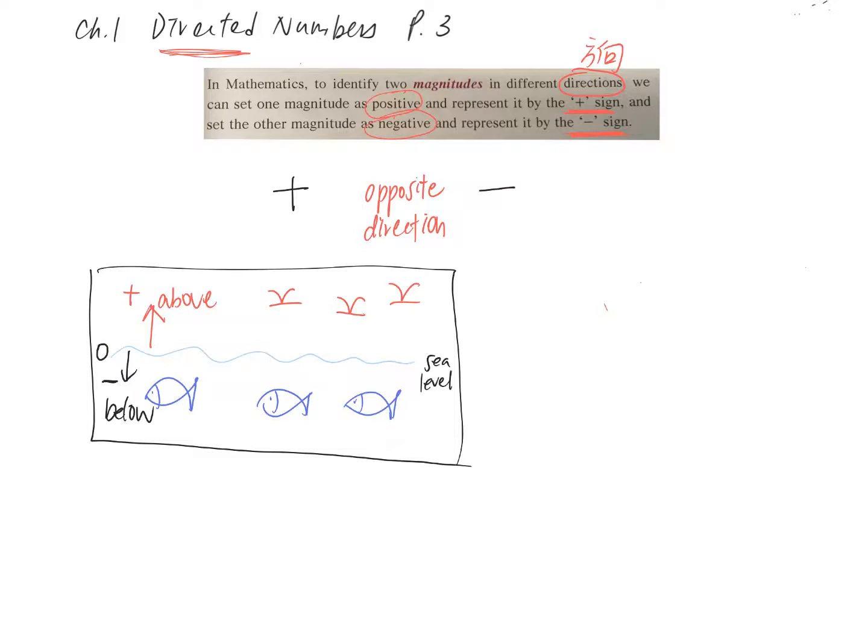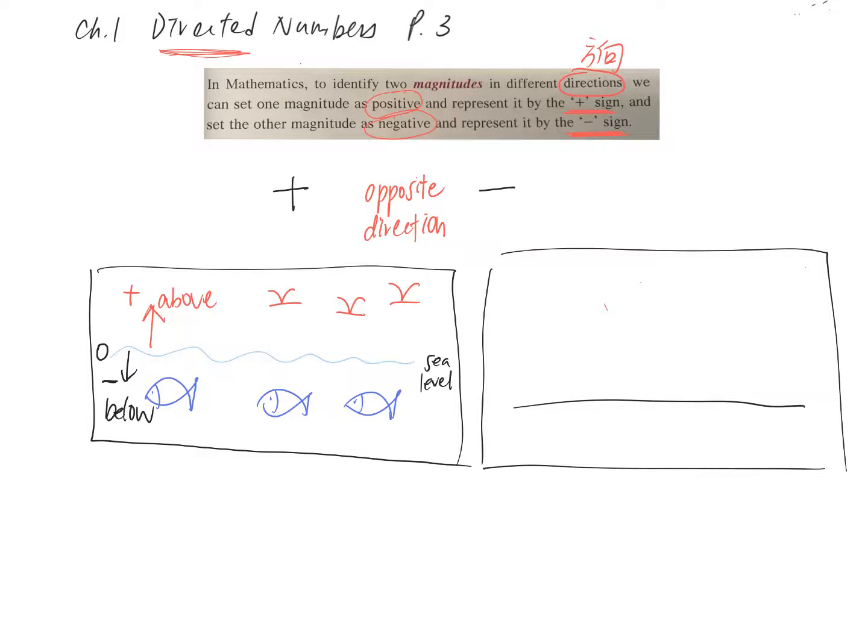Second example, what if I have land here? I'm standing here in the middle. This is my original place. I mark it as 0. 0 is a number without direction. It's the origin, where we're standing.